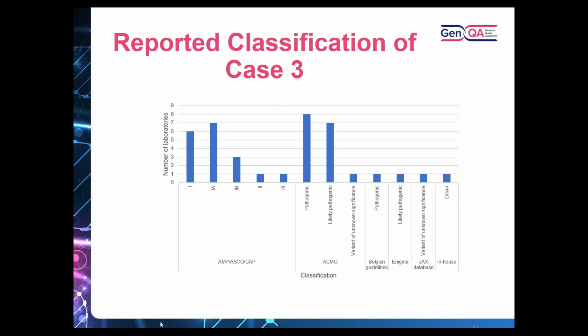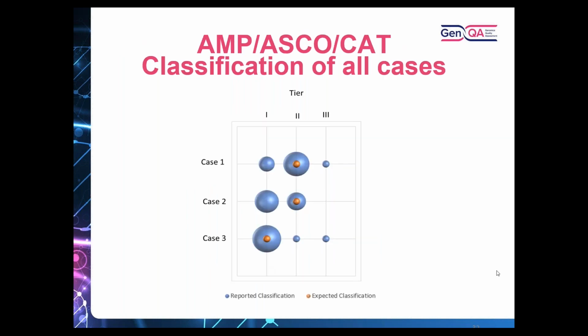And so this is looking across all three cases at the AMP, ASCO, CAP classifications of the three cases into tiers. What you can see from this is a bubble plot. The size of the blue bubble is dependent on the number of laboratories reporting any particular classification for any case. For case 1, the biggest bubble was for class 2.